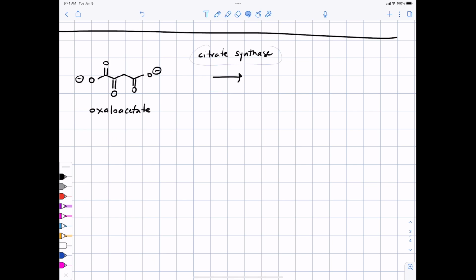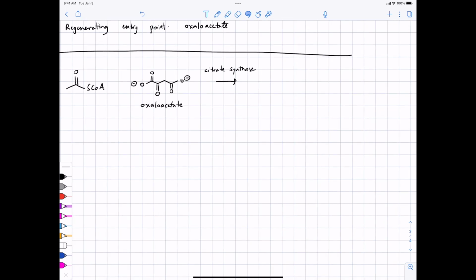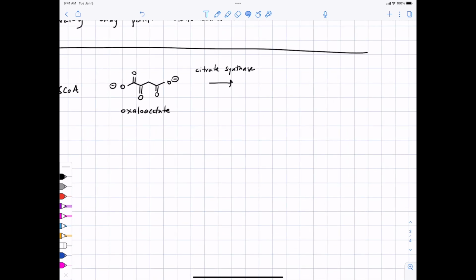Sometimes enzymes are named in ways that make intuitive sense, other times they are not. This one happens to make intuitive sense. So the product here, okay.